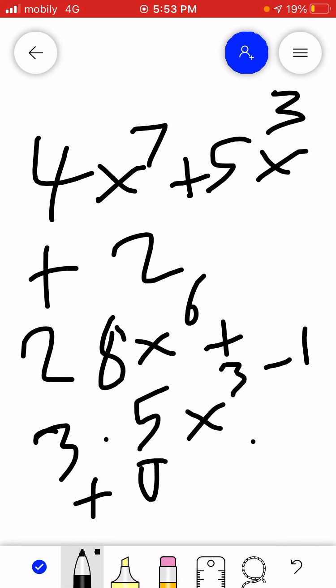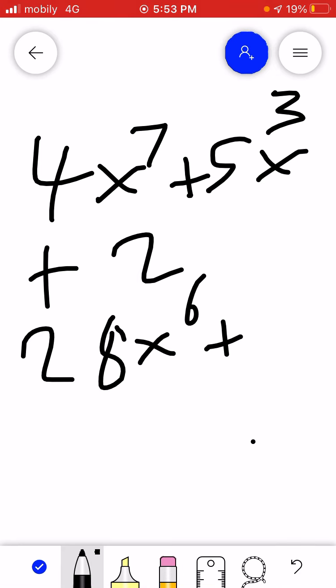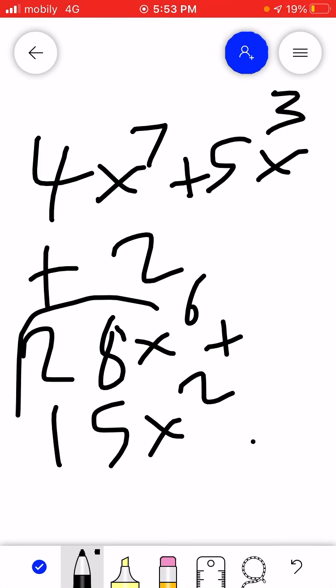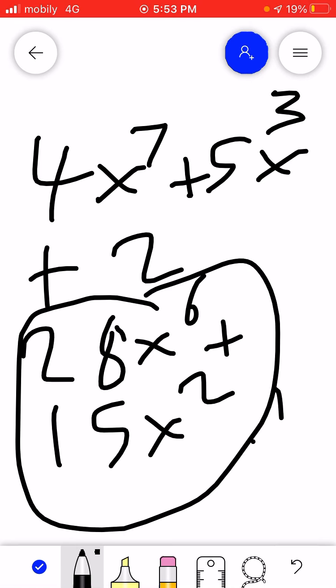So the total answer is 28x to the 6 plus 15x squared. That is the answer.